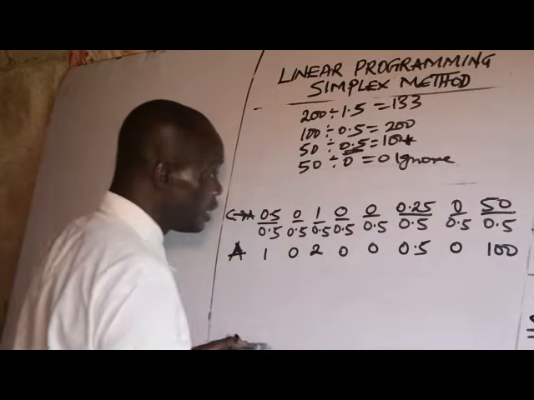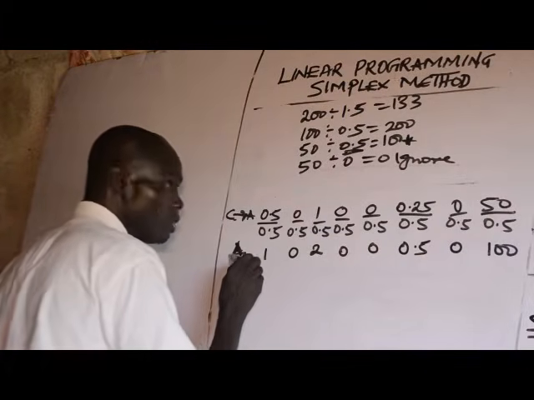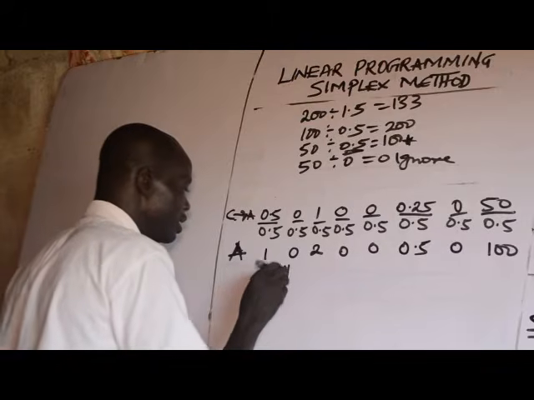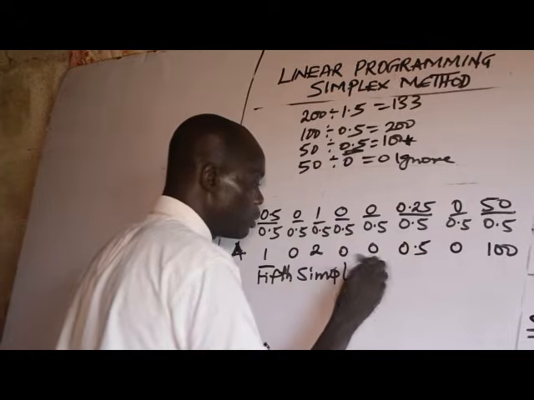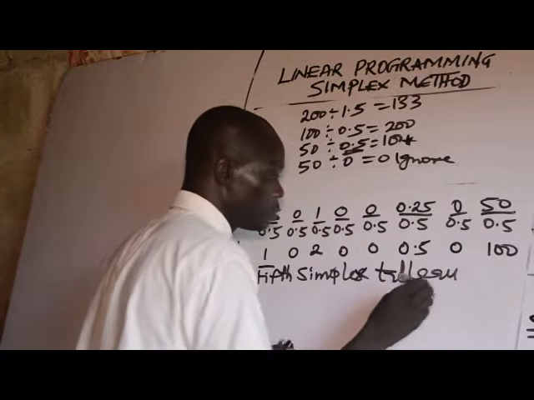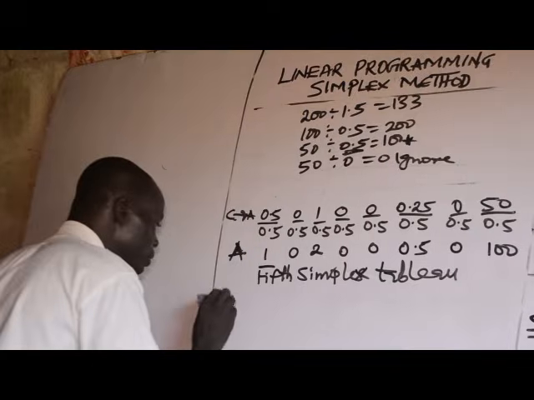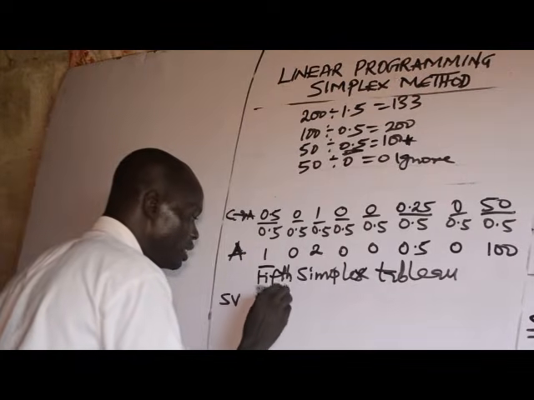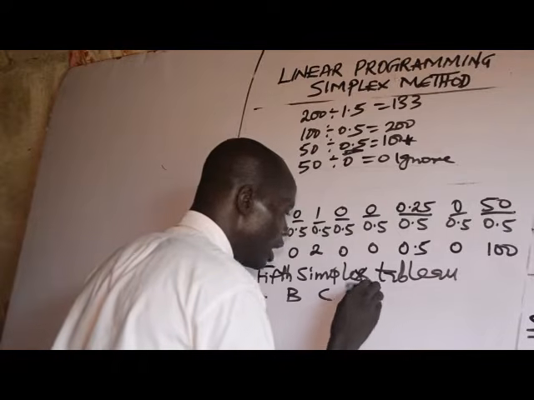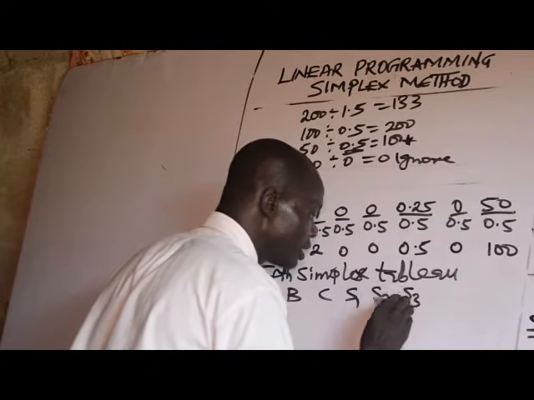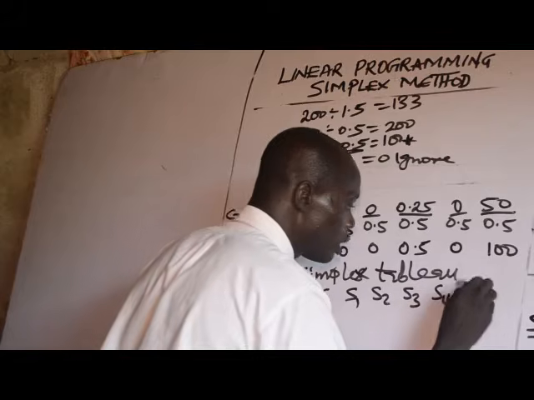So the fifth simplex tableau. We have solution variable A, B, C, S1, S2, S3, S4, and solution quantity.